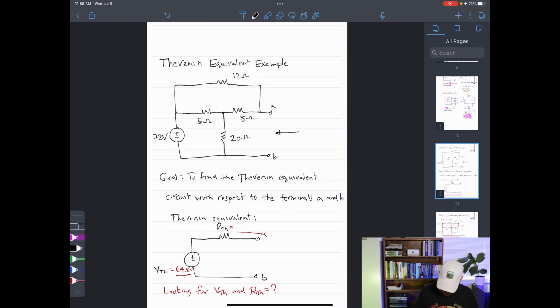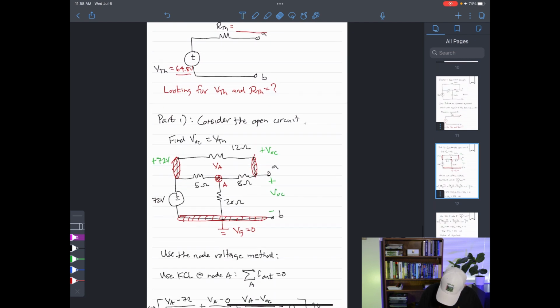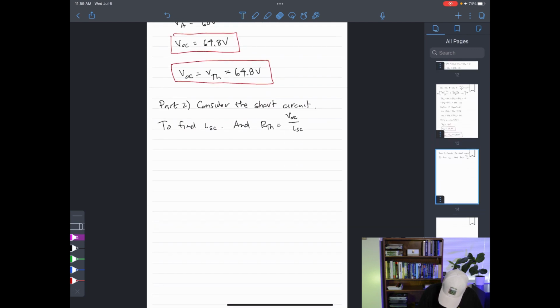So let me go ahead and draw in the circuit that we're going to be working with. It still consists of our 72 volt source. We still have these resistors in the same place, like this.